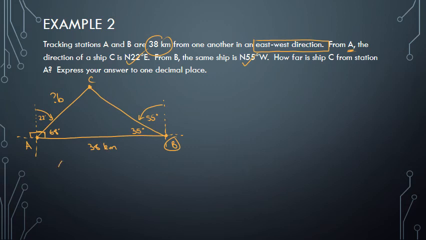So A is 68, B is 35, C we don't know. Side c is 38. And do I have anything else?